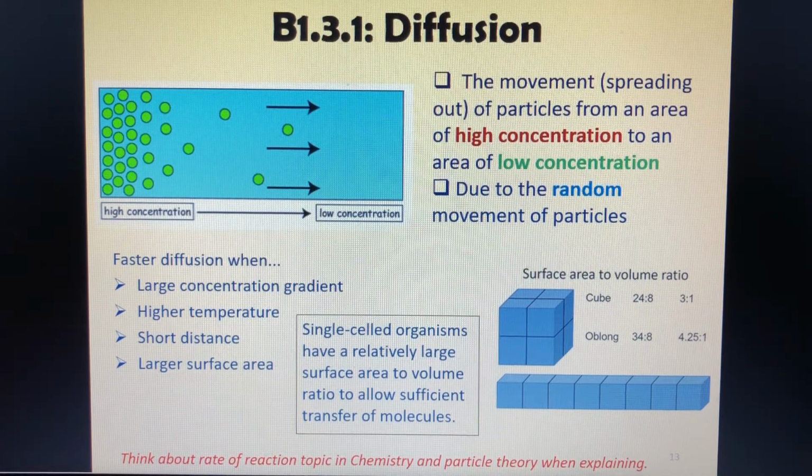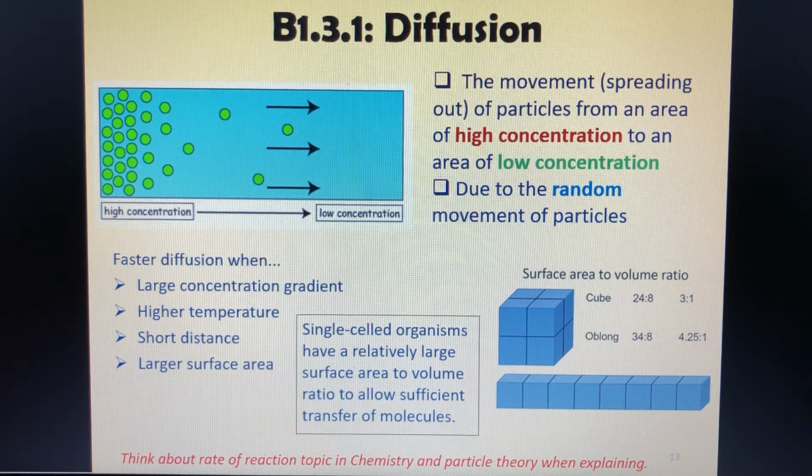In this bit in the box at the bottom here, it's talking about single-celled organisms, and the examiners have a real thing about this, where they talk about having a large surface area and the importance of that large surface area to volume ratio in terms of diffusion.